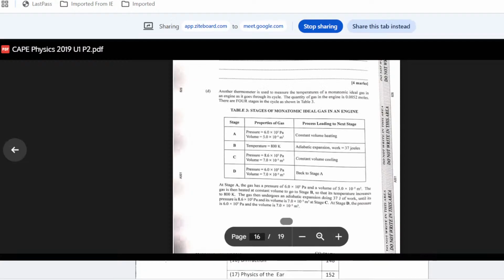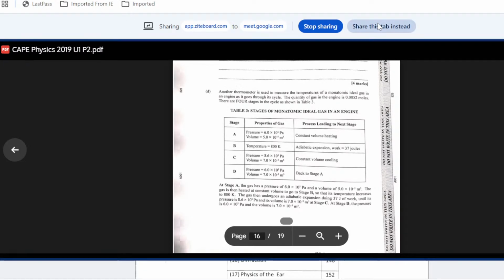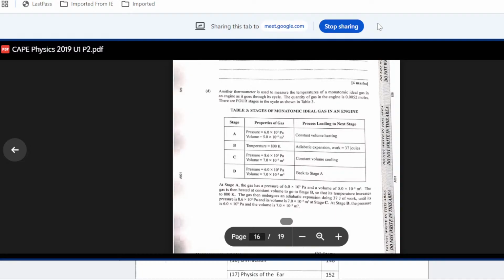Alright, stage B. Adiabatic expansion. So based on what you saw from that one, if it's adiabatic expansion, the next line is supposed to look how?